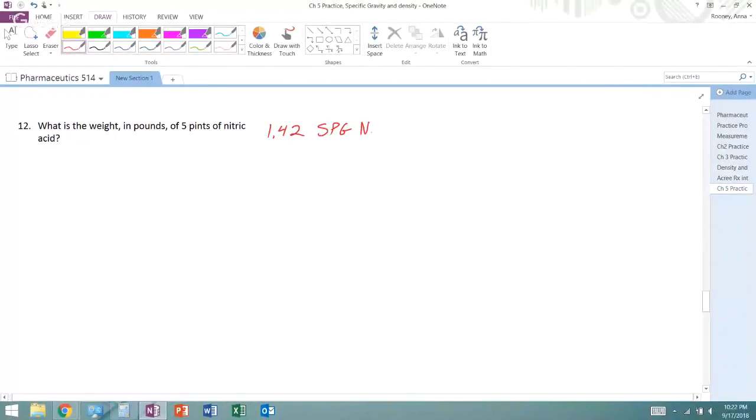That's what we need to have in order to solve this question. And also, 1 pint is equal to 473.176 milliliters according to Google. If you're going to do the problem, you normally just don't have that. So we're going to just use 473.